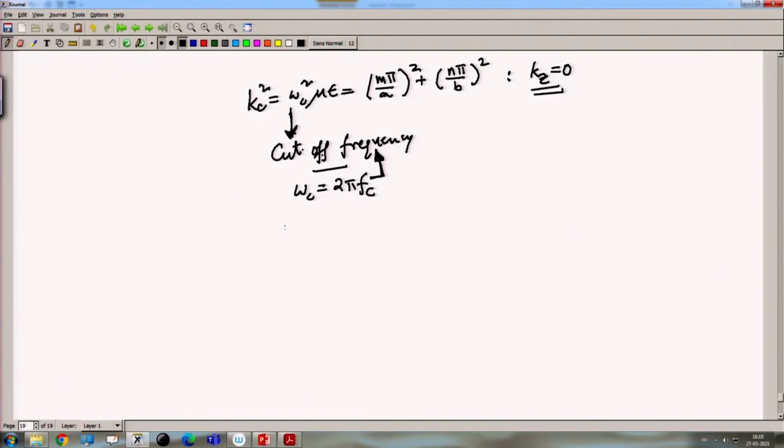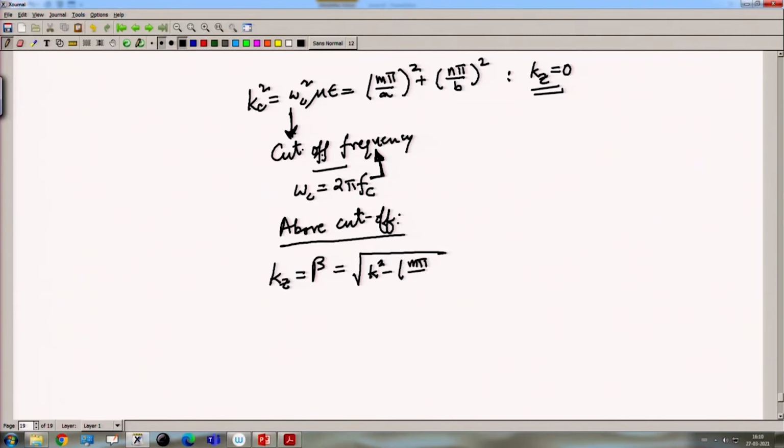Particularly above cutoff, k z is real, it is beta, and that is given by root of k square minus m pi by a whole square minus n pi by b whole square.